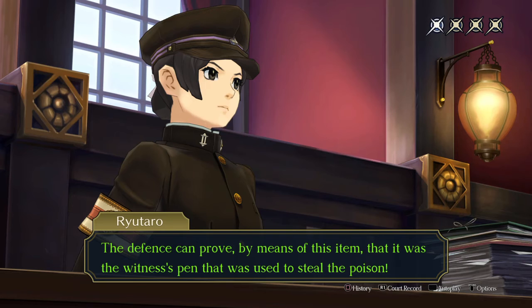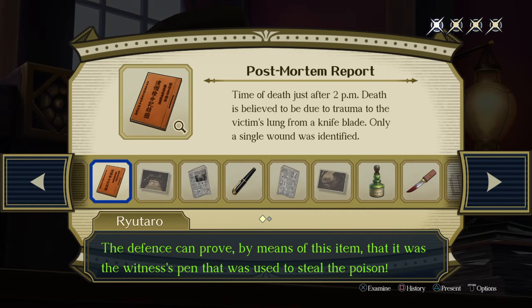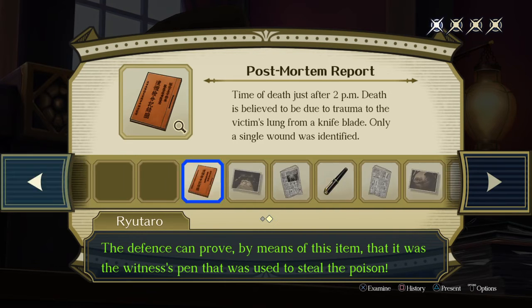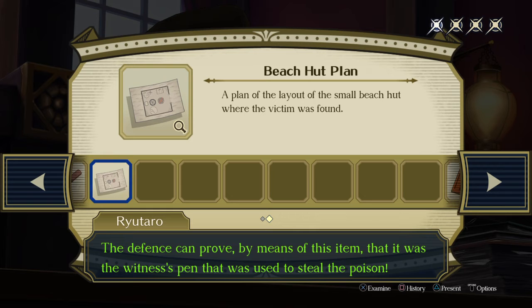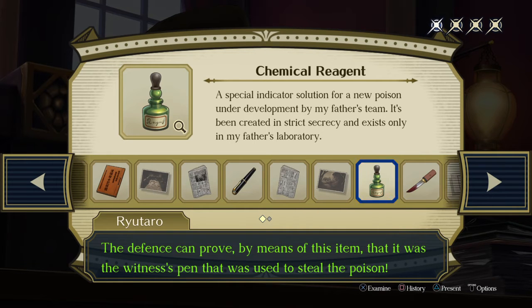The defense can prove, by means of this item, that it was the witness's pen that was used to steal the poison. Okay, well, I know the answer, but since we're at the end of the trial, it's kind of a pivotal moment. I'm curious as to what dialogue you might get if you just totally fuck it up. Because as I see it, the reagent is the right answer, right?